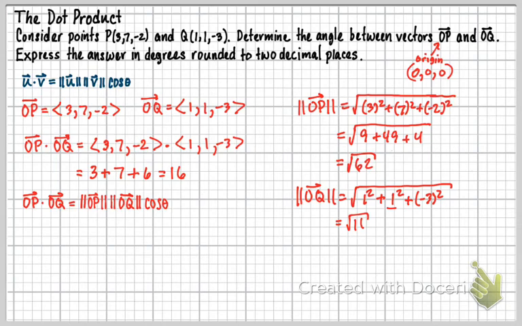Now all we're going to do is plug in the necessary information. My dot product is 16, and that equals the magnitude of OP, which is the square root of 62, times the magnitude of OQ, which is the square root of 11, times cosine theta. Now I'm just going to divide by this.